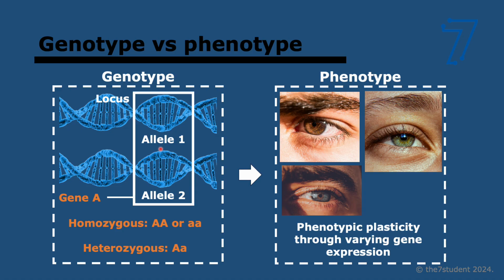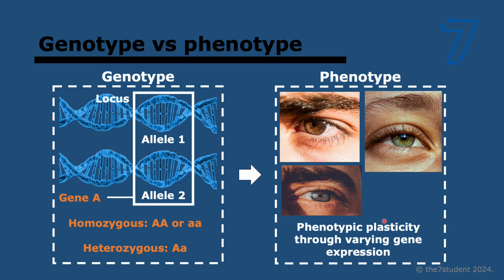We all have the gene for eye color. I mean, in reality, there's many genes, but you get the gist. But we have different alleles, and we have 2 alleles per gene, one from our dad, one from our mom. Now, if we have the same allele for a given gene, then we call it homozygous. If we have different alleles, we call it heterozygous.